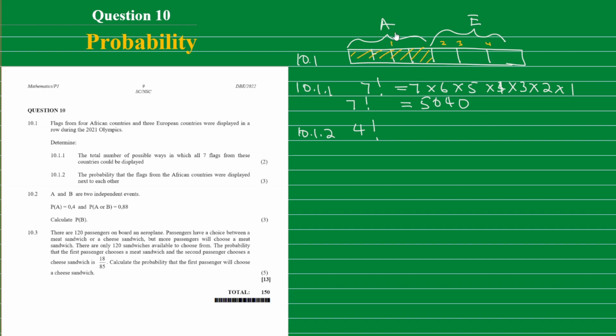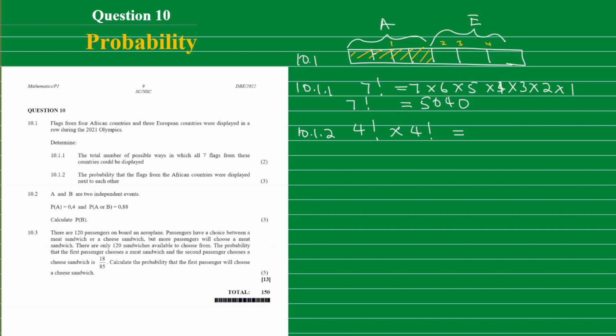However, when we come to the African flags themselves, there are 4 of them, so we can also rearrange them in 4 factorial different ways. So there are 4 factorial multiplied by 4 factorial ways. That is the total number of possible ways in which we can display these such that the flags are together.